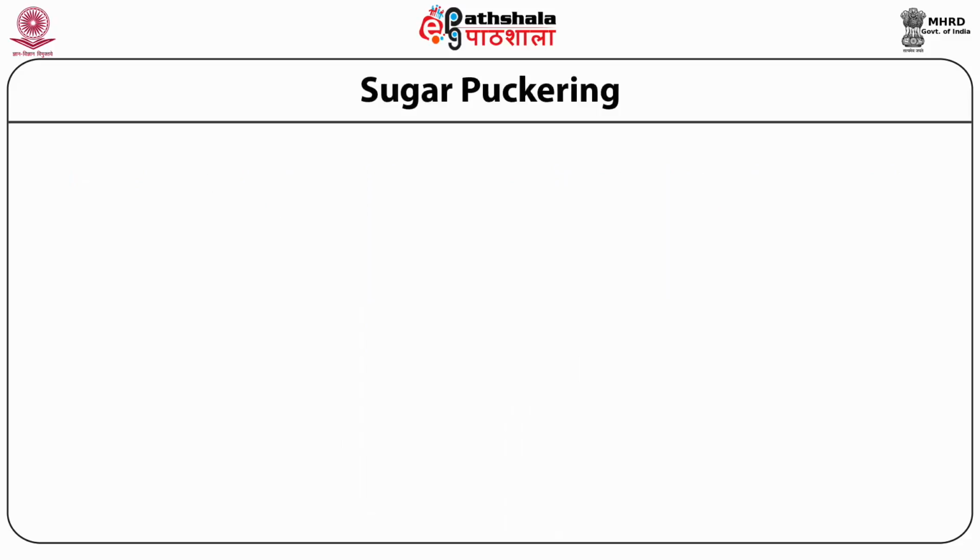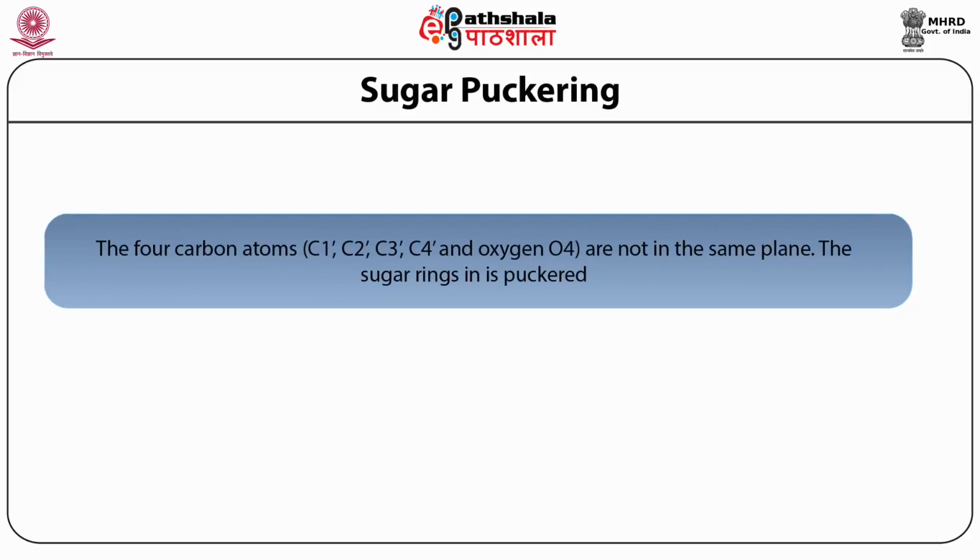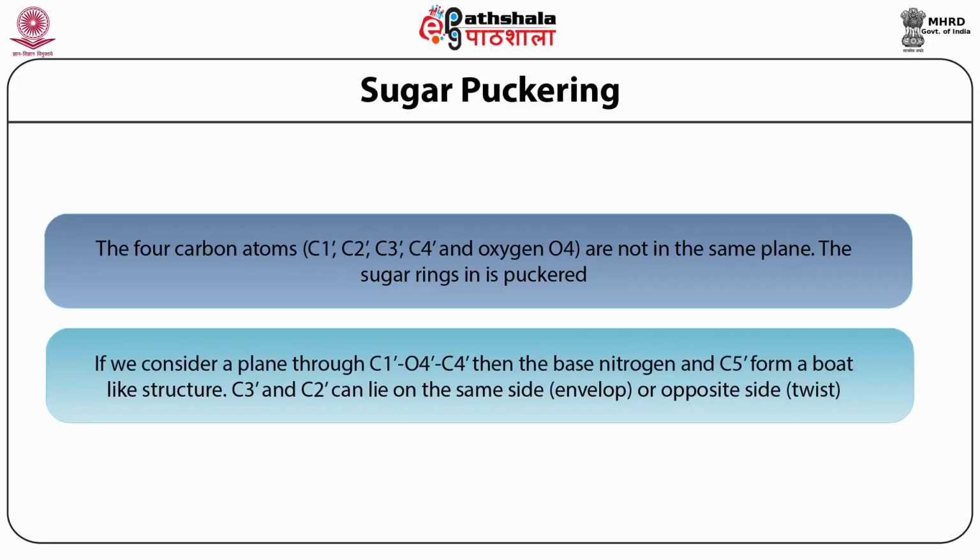Sugar puckering. The four carbon atoms C1', C2', C3', C4' and oxygen O4' are not in the same plane. The sugar rings are puckered. If we consider a plane through C1', O4', and C4', the base nitrogen and the C5' form a boat-like structure.